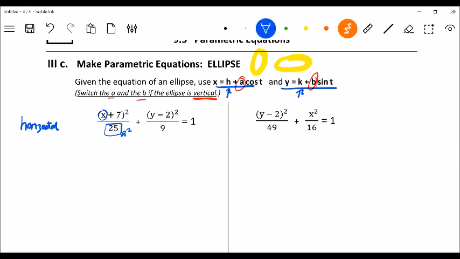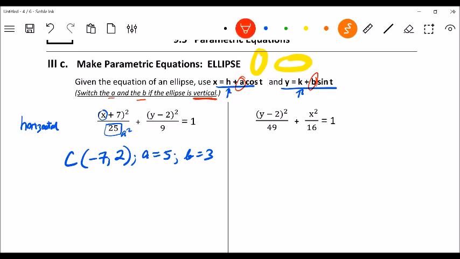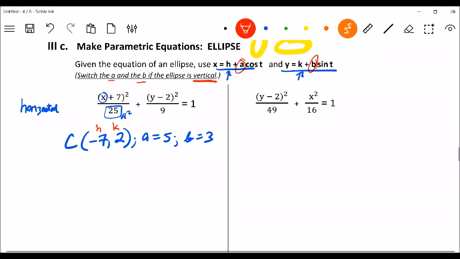Right now, though, we have some information here that helps us on this one. We know that the center is (-7, 2), and we know that a equals 5 and that b equals 3. Well, that's all that we need because this is h and this is k. We can now use those two formulas.